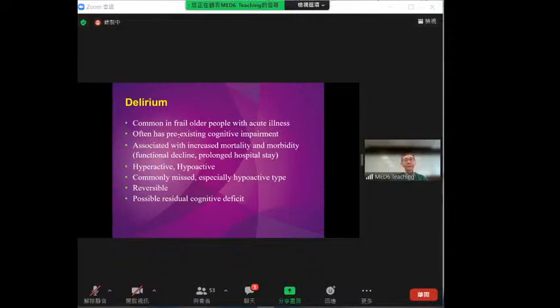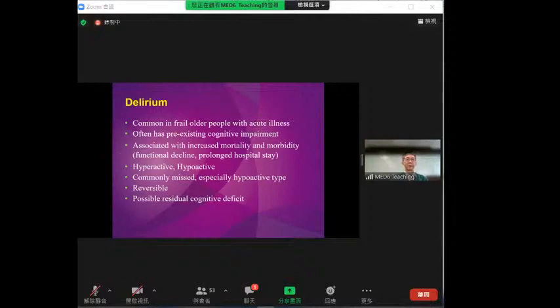For most of us, if we have a pneumonia, we don't get confused. But for the frail older people who have brain disease of some sort, when they become ill with pneumonia, then they get confused. If they get a myocardial infarct, they get confused. They get heart failure, they get confused.